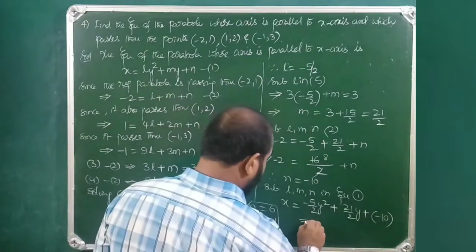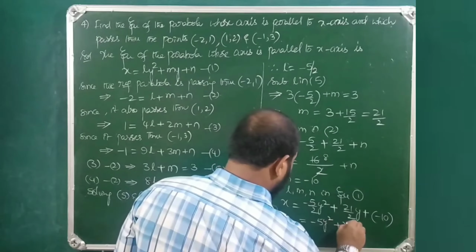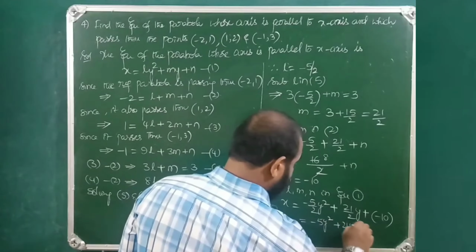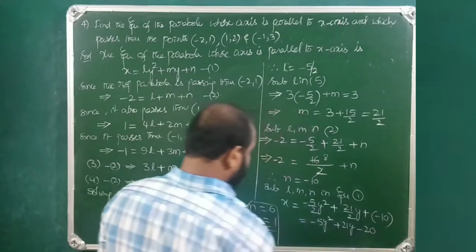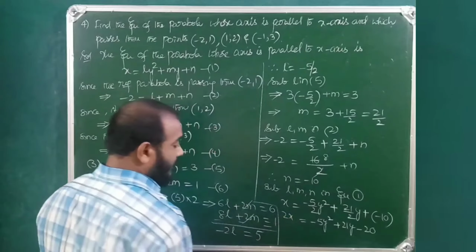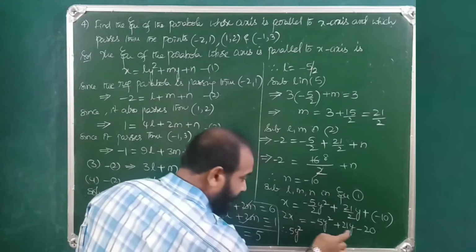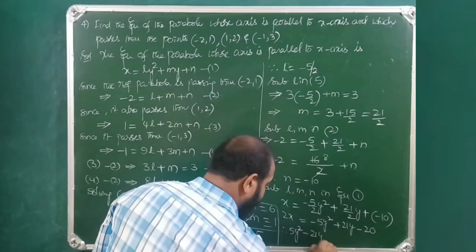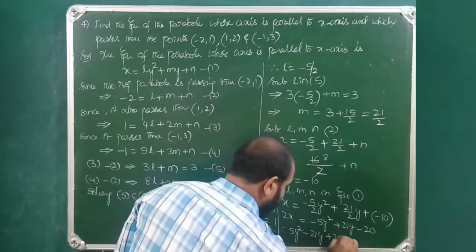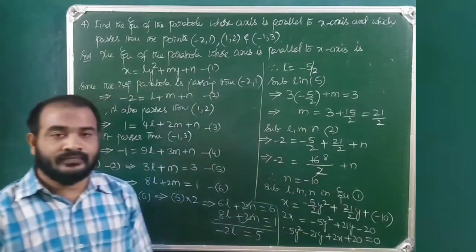So if you find the LCM, minus 5y square plus 21y minus 2 tens of 20 is equal to 2x. Therefore the final answer is 5y square minus 21y plus 2x plus 20 equals 0.